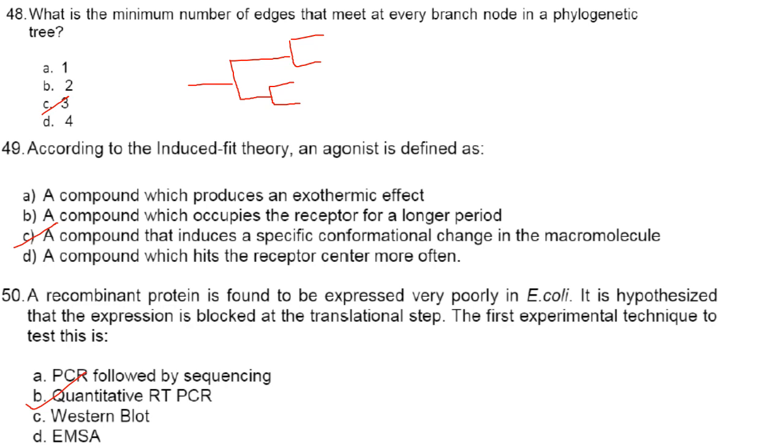Western blot is for whether protein is present, but the expression itself is blocked at the translational step, so protein is not present. EMSA is for protein-DNA interaction studies and PCR is a normal PCR reaction. So the answer here is option B, that is quantitative RT-PCR.